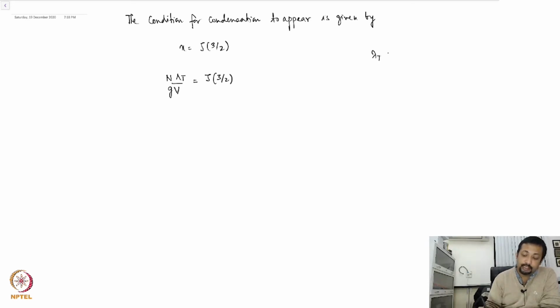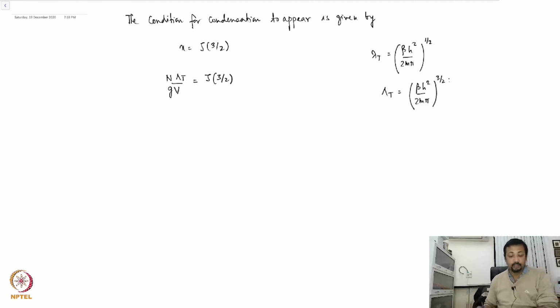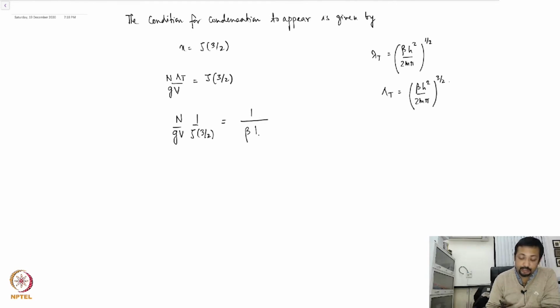So now lambda t is beta h square over 2m pi raised to the power half, so that the thermal de Broglie volume is beta h square over 2m pi raised to the power 3/2. So then n over gv times 1 over zeta 3/2 is equal to 1 by beta h square over twice m pi raised to the power 3/2.